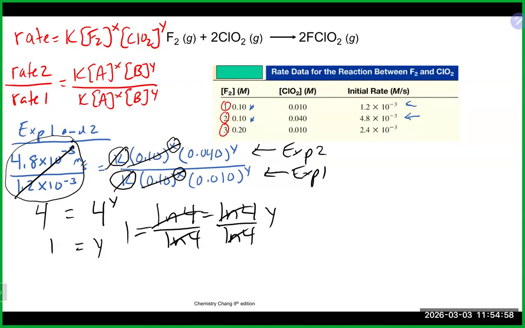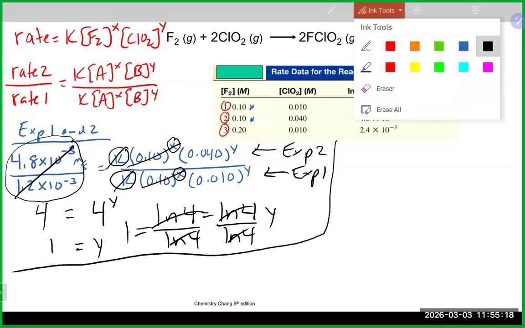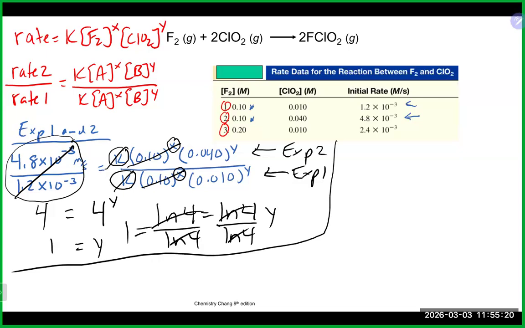Other questions? All right, so now that I do this, we now know that the order for Y, which is basically ClO2, is first order. Now I'm going to go back to my table, and because in the first situation I kept the F2 constant, I'm now going to find 2 entries where the other reactant stays constant, the ClO2 now we want to keep constant.